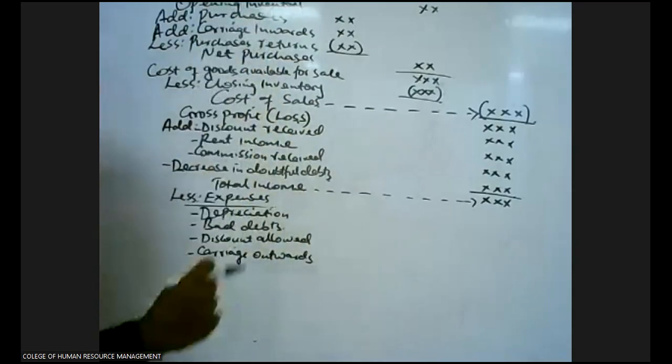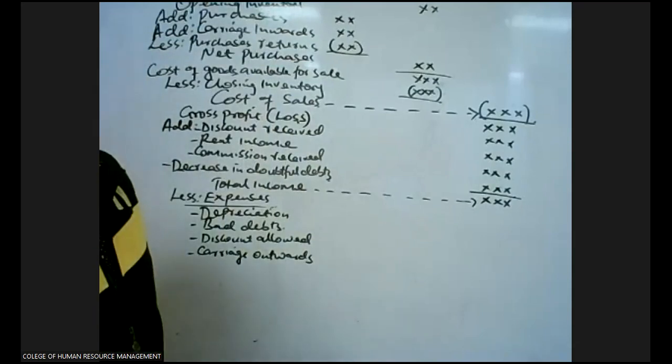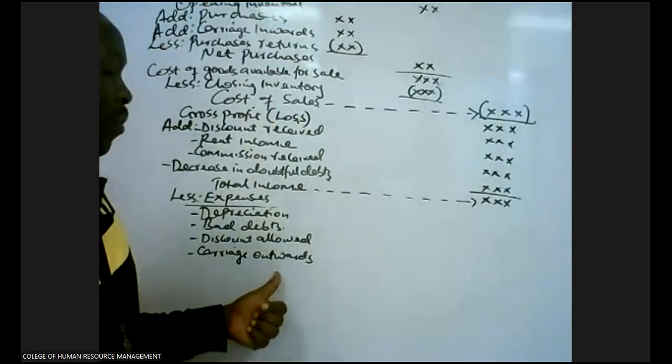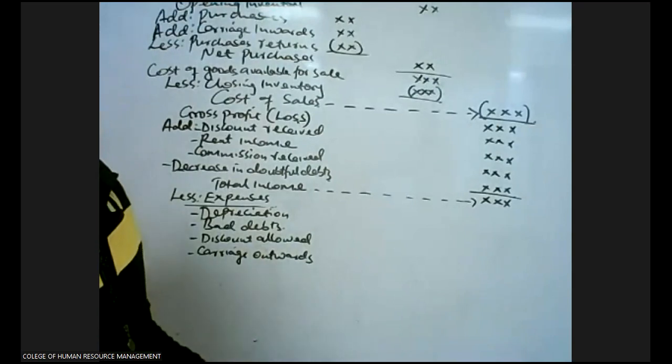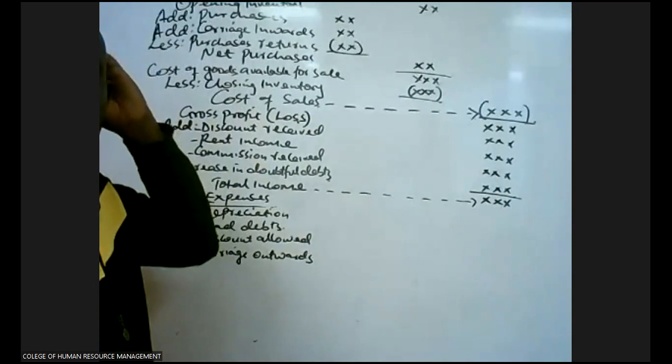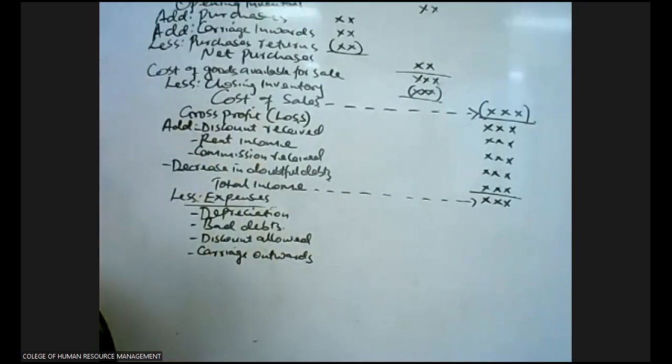Remember, carriage inwards is added to the purchases, but carriage outwards is the carriage on sales. It is like offering after sales service. The customer buys goods from your shop and then you deliver to the customer. So it becomes an expense to you.